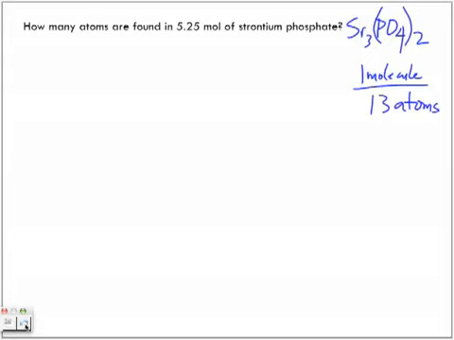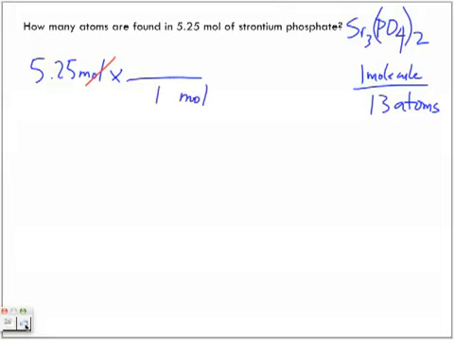Okay. 13 atoms. Now, we're starting off with 5.25 mole, right? So, 5.25 mole of strontium phosphate. I don't want mole here. So for me to do that, where am I going to put mole? The bottom.